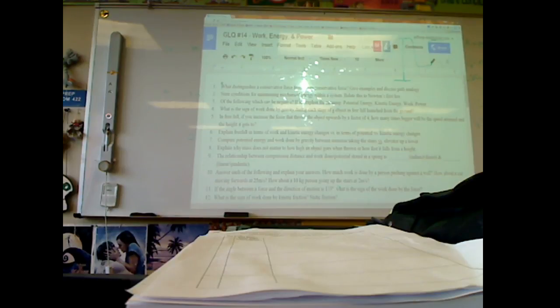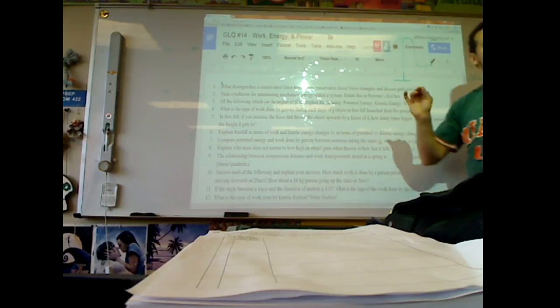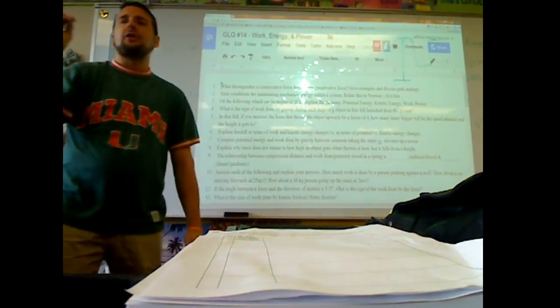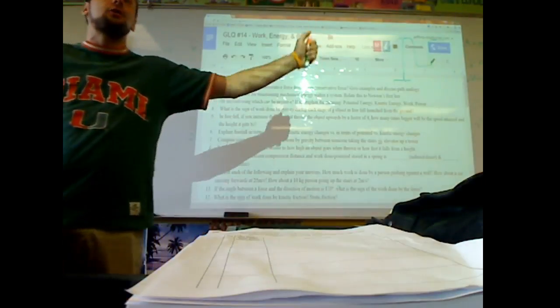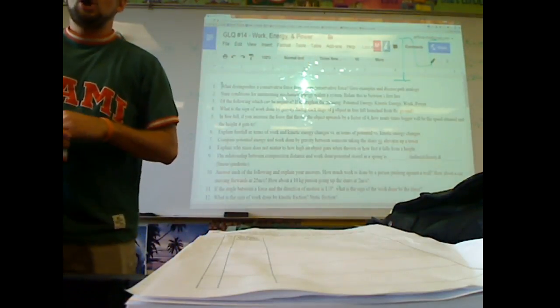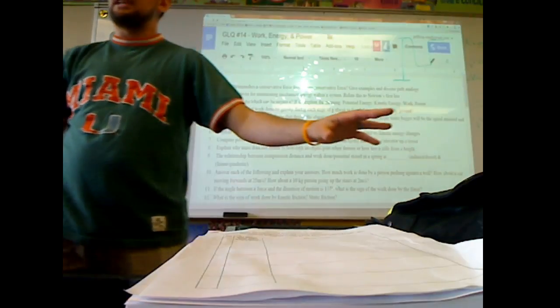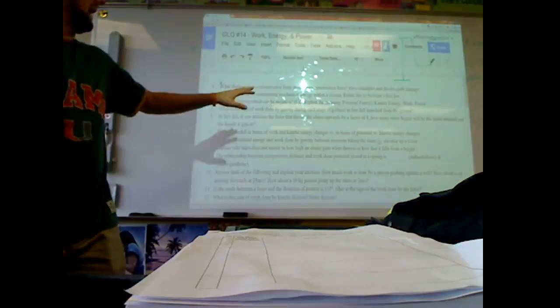Or in other words, you can't change an object's motion pattern unless a force is applied to it. So the idea here is Newton's first law, rephrased in energetics terms. You can't change the energy of a system unless an external force acts on it. So unless you do work on the object, its energy can't change. Does that make sense? That is what that is.